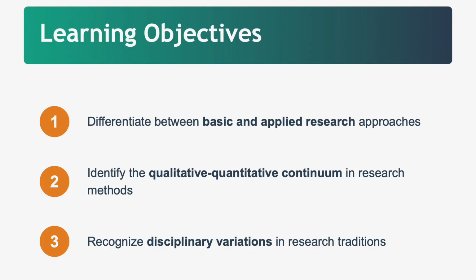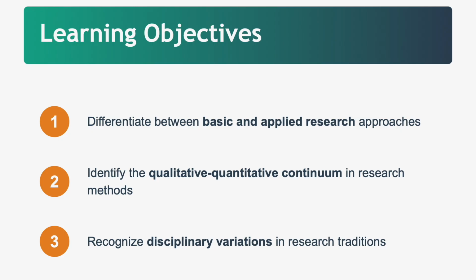Let's begin by establishing our 3 learning objectives for today's lesson. First, we'll differentiate between basic and applied research approaches, understanding how these 2 orientations shape the questions we ask and the methods we use.